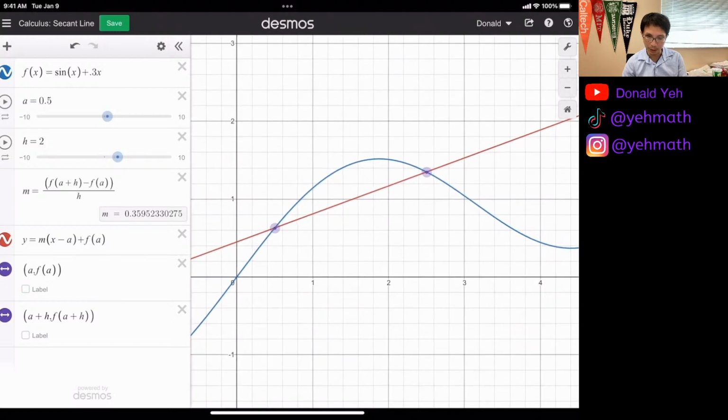And 2.5 is another point. It's going to create something called secant line. Now, the distance from here to there is going to be 2 units, right? It's 2 units. But what happened is the equation tangent line just basically shrinks the secant line from h equal to 2 down to almost close to 0.